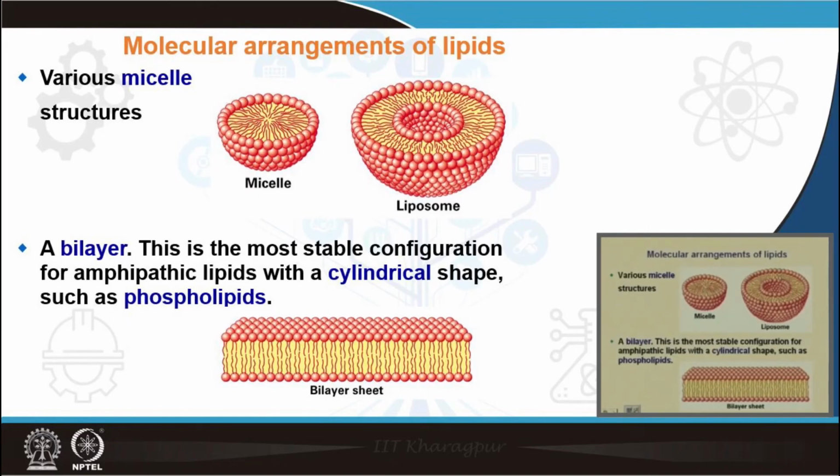So, we have the formation of liposomes. What happens here is, you see, there is a lipid bilayer sort of a thing that forms a membrane, and inside we have a polar center. Okay? Now, the reason why I am telling you this is that it is used for a lot of drug delivery.